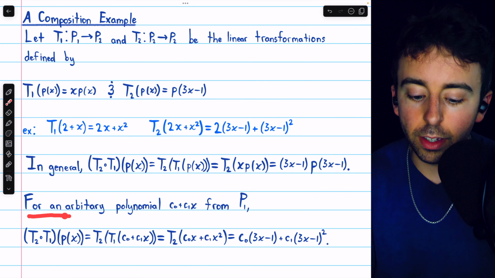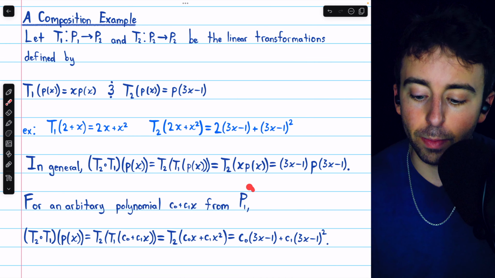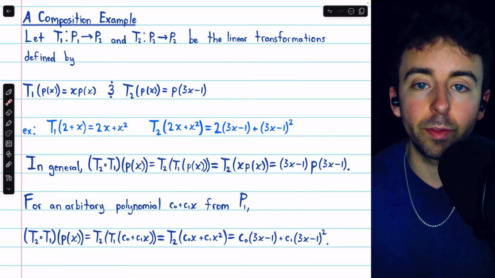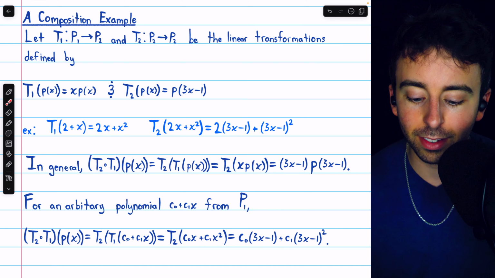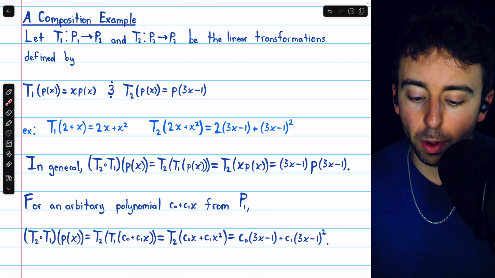We could also write out these details for an arbitrary polynomial from the domain, being that space of polynomials up to degree 1. So an arbitrary vector from that space looks like this, c0 plus c1 times x. And if we were to plug that into the composition, we would just multiply the whole thing by x, that's applying T1.